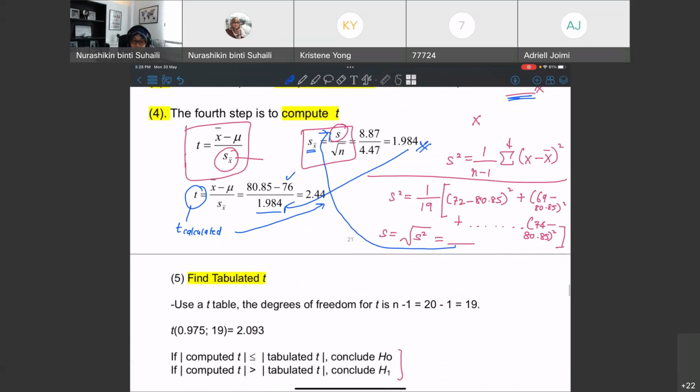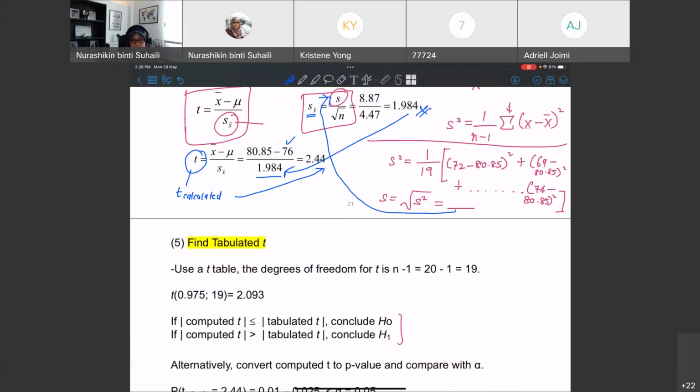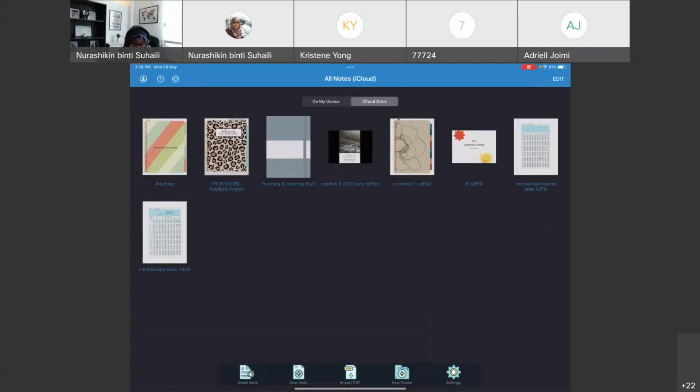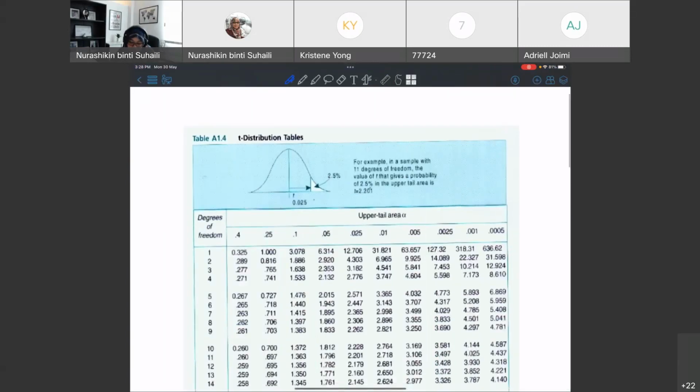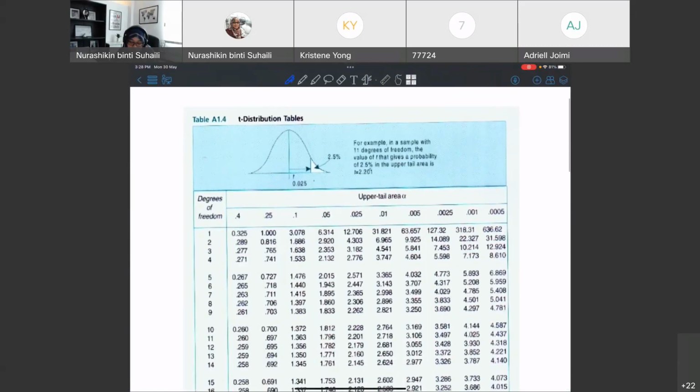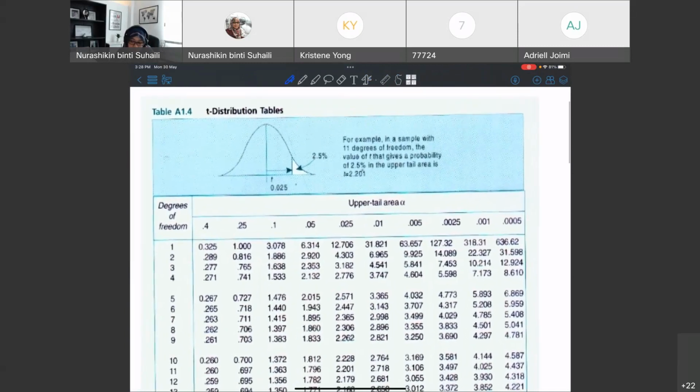So the next step is to find tabulated t, or from the table. So how do you find the t from the table? You have to refer to the t table, t distribution. So what kind of information do you need for the t distribution? Okay, let's have a look at the t table. It looks a bit similar to normal distribution, but with different information that we have to look for.